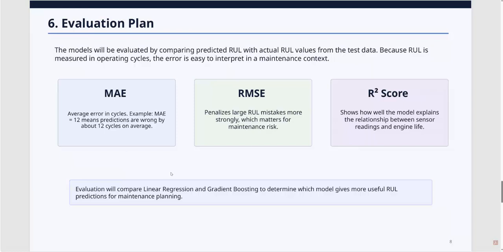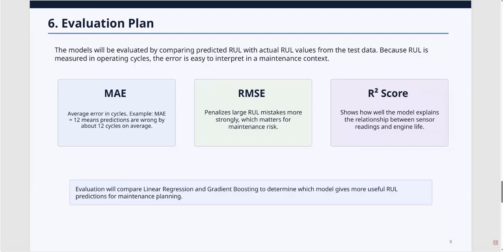MAE shows the average prediction error in cycles. For example, an MAE of 12 means the model is wrong by about 12 cycles on average. RMSE gives a stronger penalty to large errors, which is important because large RUL mistakes can lead to late or unnecessary maintenance.